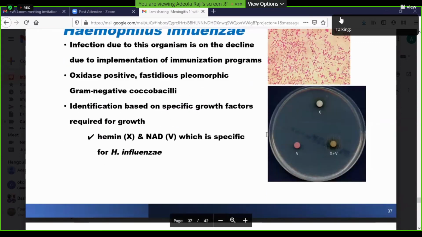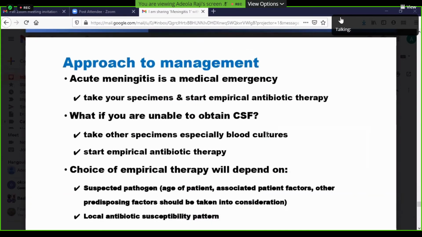So what is the approach to management? In acute meningitis, you know you have an emergency on your hands. So you have to collect your specimens quickly, and you have to start empirical antibiotics. Based on the patient's age, we already have an idea of likely organisms that could be involved.